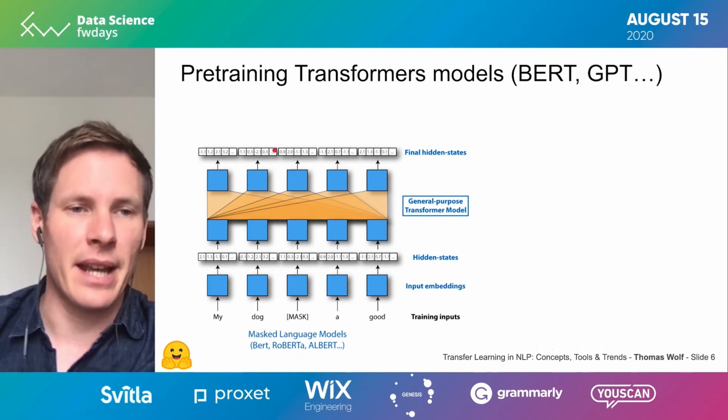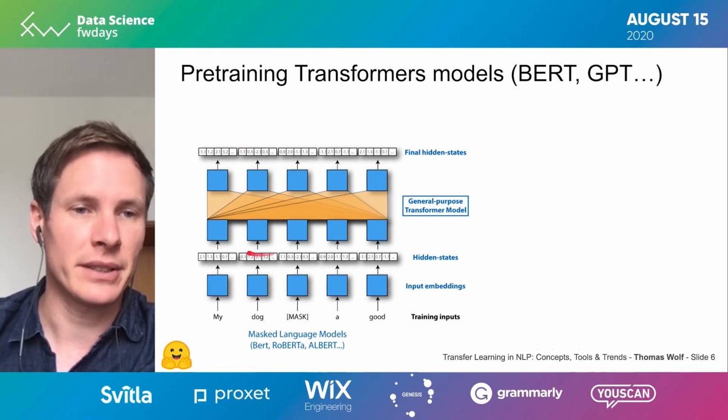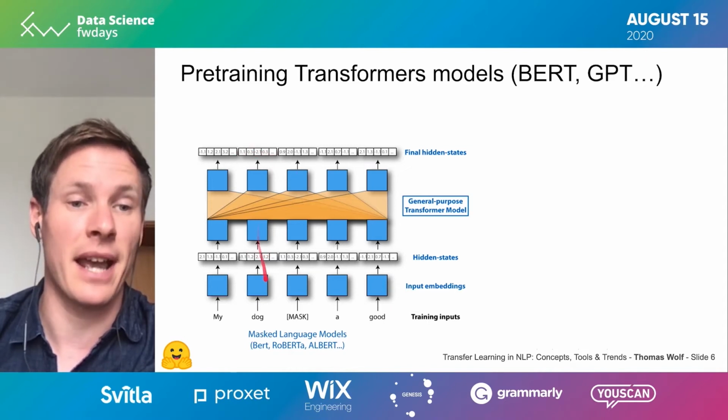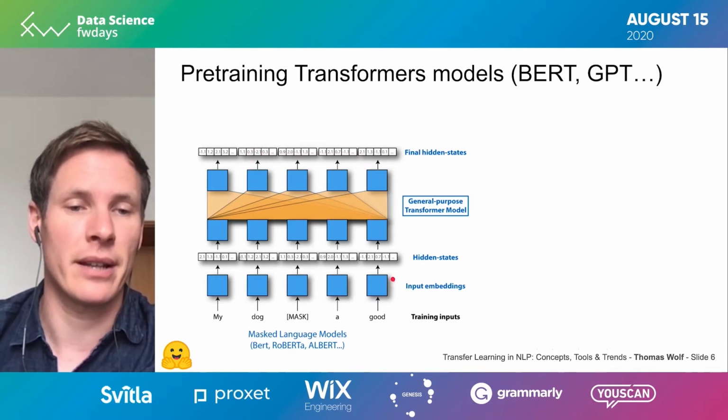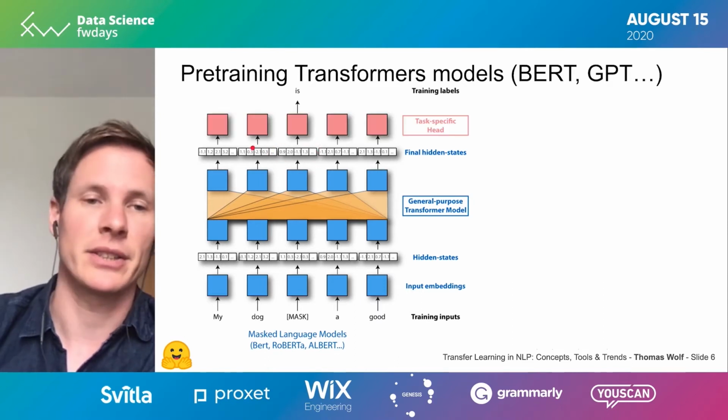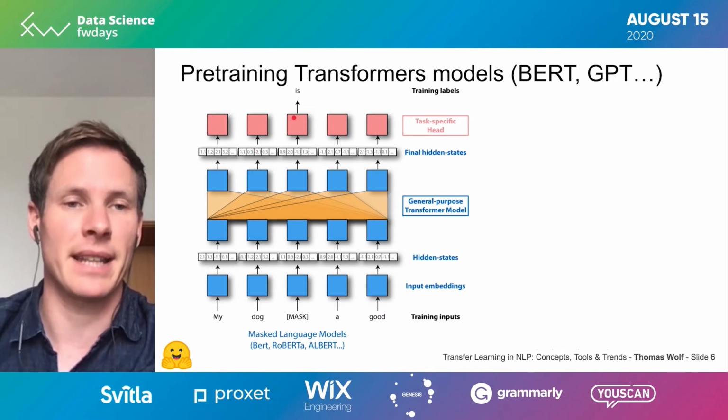And at the end, we still have these vectors. They always have the same dimensionality, but now these vectors are contextualized. So this dog vector is specific to the fact that there is my before and mask and good after, okay? And in particular, the mask token is now a specific vector that is adapted to the context. And so we will project these hidden states back onto the vocabulary.